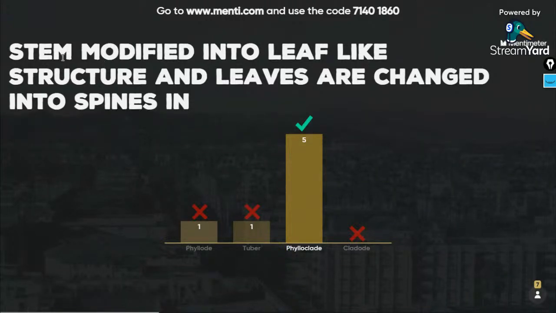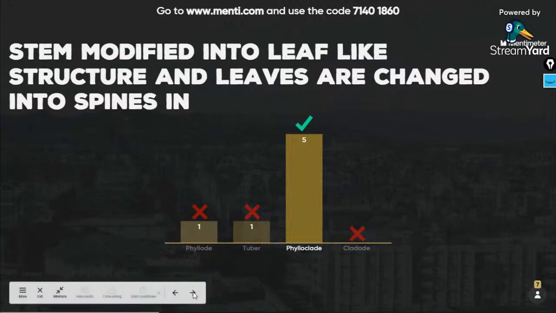We studied that. I explained with the image that in cactus, opuntia and euphorbia, the stem is modified to form phylloclade for photosynthesis, and the leaf is changed into spines to reduce the rate of transpiration.